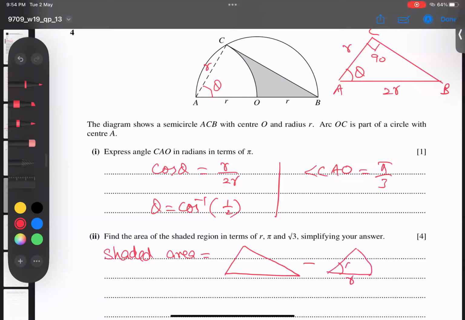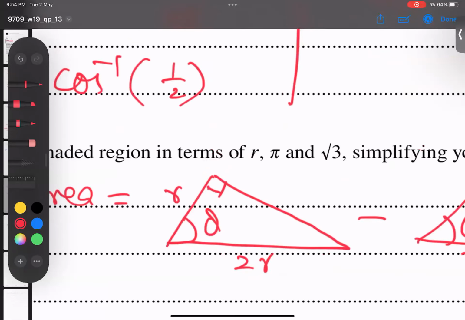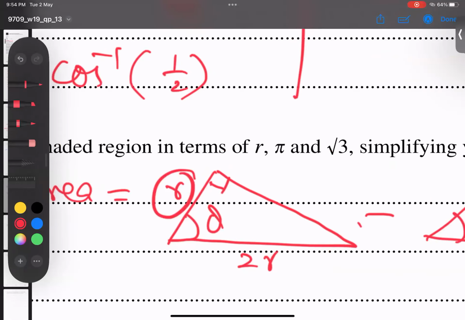All right, the sector is this, the triangle is this one. But for the triangle area, we have r, we have 2r, we have theta. So we have two techniques. If 90 degrees is given, then we must know base times height. The base, this is called height. But the problem is, I don't have this length. Then what? Other formula: half into AB sine theta.